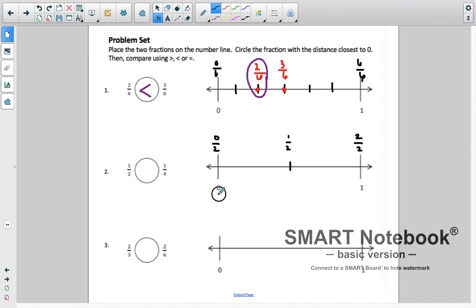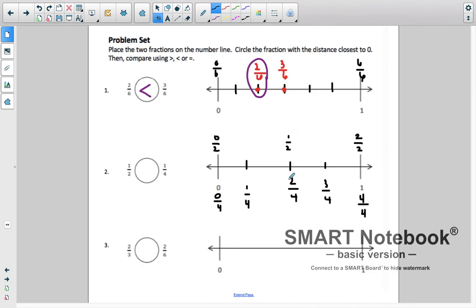So at the bottom I'm going to write 0/4, 1/4, 2/4, 3/4, and 4/4. Now remember, I told you guys this in the other one.